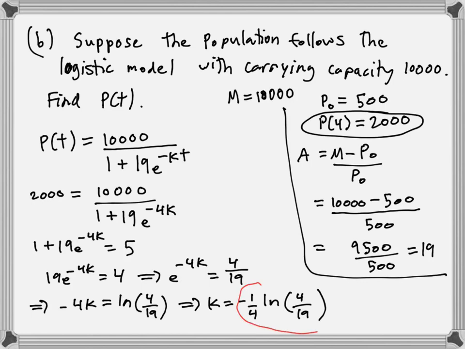So what we just found is k, and so we can actually replace that into k right here. So let's go ahead and write our P of t.